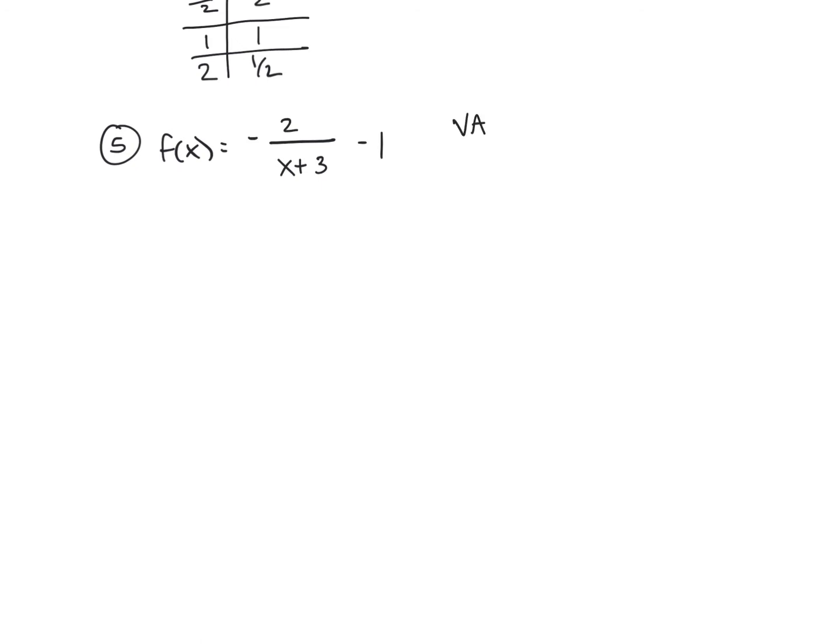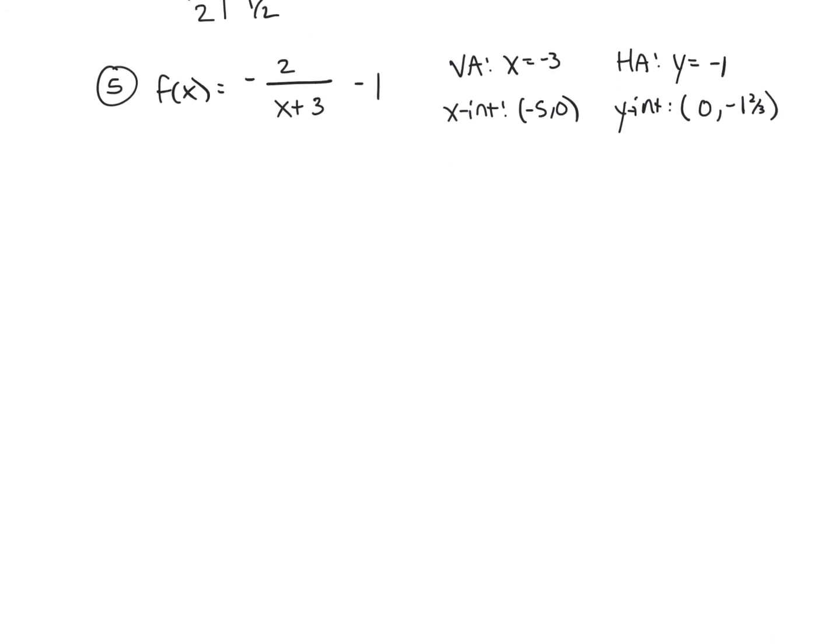We had that the vertical asymptote was x is equal to -3. We had the horizontal asymptote was y is equal to -1. We had that the x-intercept was (-5, 0), and we had that our y-intercept was (0, -1 and 2/3). So this is all the important information.